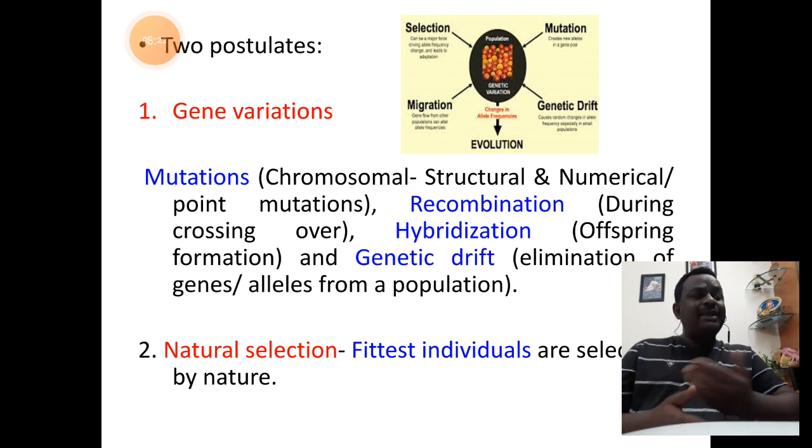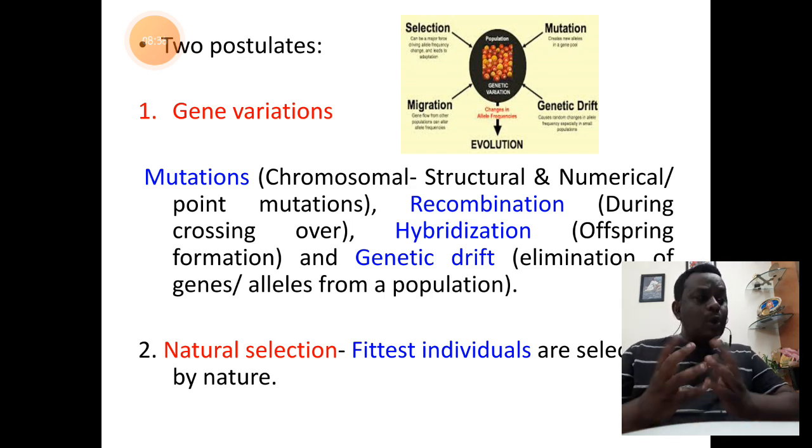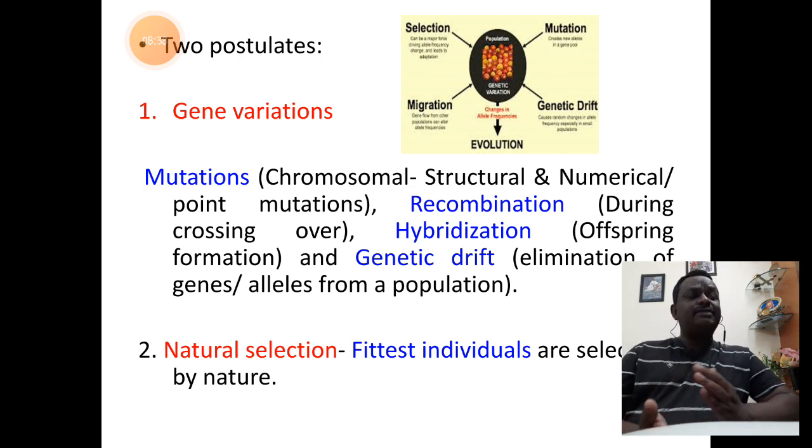Whereas the numerical changes include change in the number of chromosomes of a particular cell of a species. Here, addition or deletion of whole chromosomes, either singly or in sets, takes place. Accordingly, we call them aneuploidy and euploidy conditions.